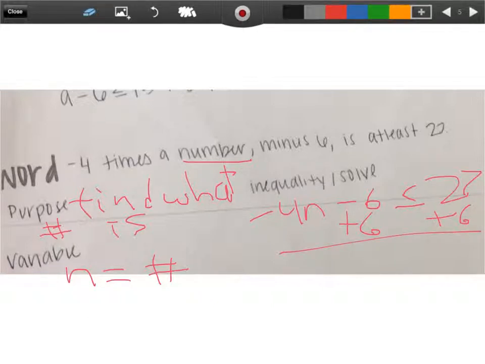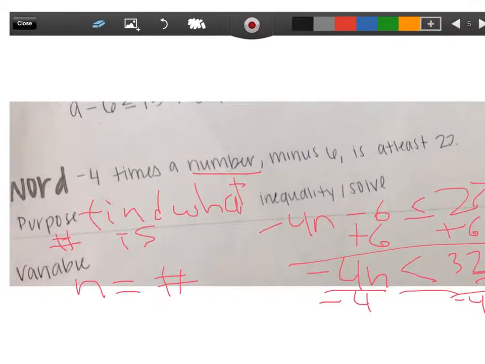And then you get 33. And then you divide both sides by -4. And when you divide by -4, you flip the sign, and n is bigger than or equal to 8.25.